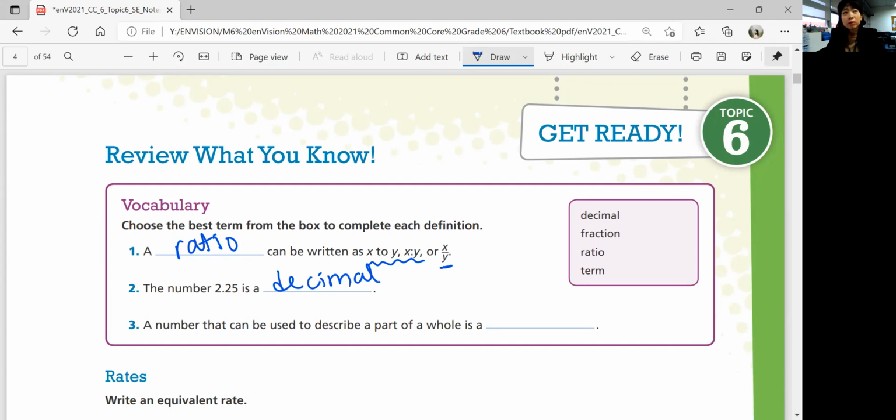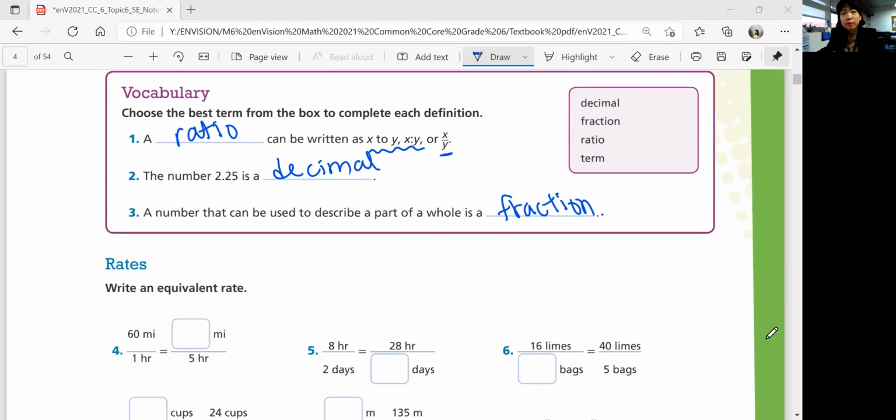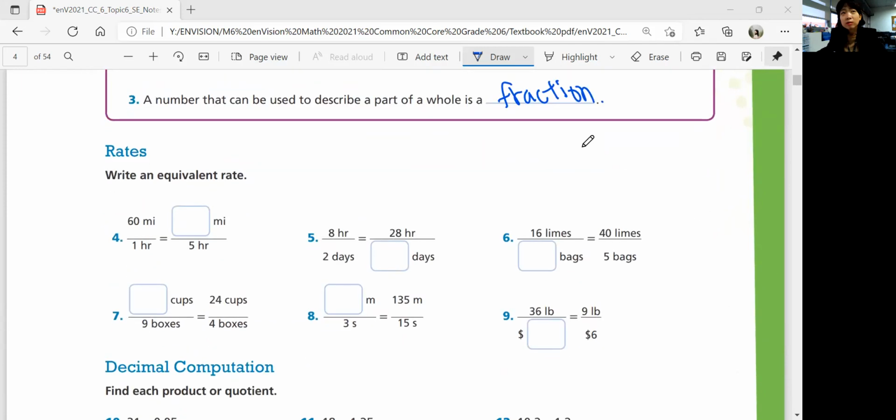What about number 3? A number that can be used to describe a part of the whole. Part and a whole describes the fraction. Okay. So make sure you know the vocabularies because these are important.